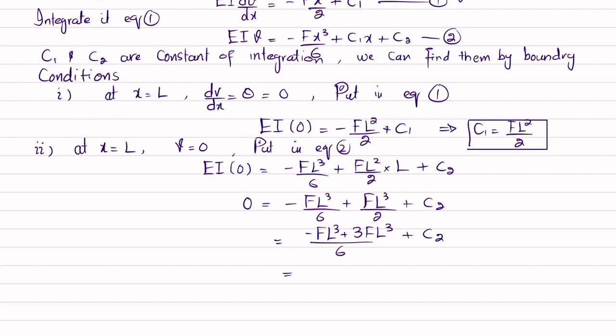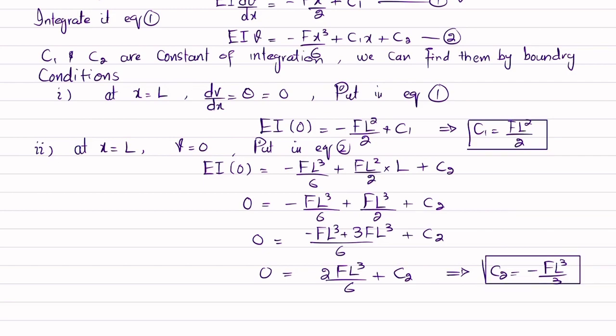So we will get 2FL cube over 6 plus c2 is equal to 0. So from here you will get c2 will be equal to minus FL cube over 3. Okay, so you will get this c2.